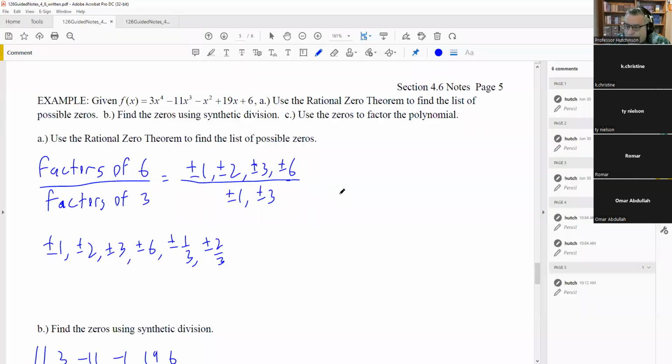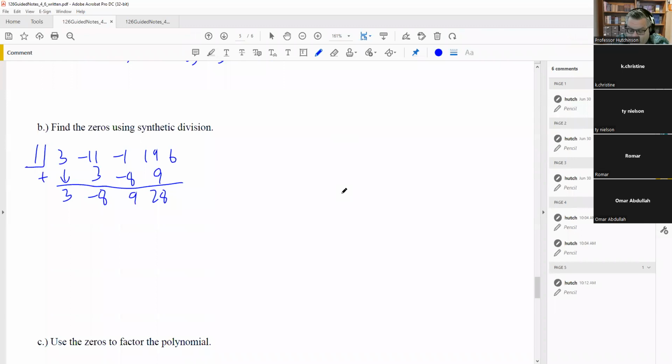Okay, and so synthetic division, we could go ahead and do that, but Desmos here gave us 2 and 3. That means I don't have to test any other numbers on this. I'm just going to use 2 and 3, and that's going to take my thing down to a quadratic.